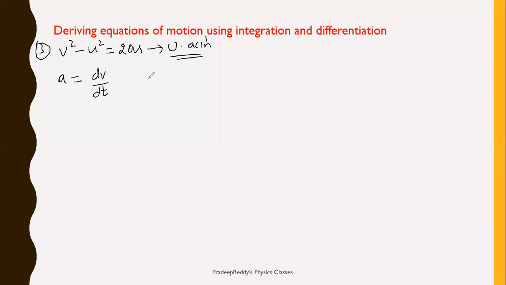Acceleration is dv by dt. Now I'll simply multiply the numerator and denominator with ds. I'm just taking ds by ds and multiplying this dv by dt with this term.